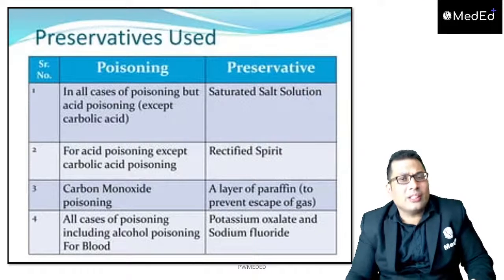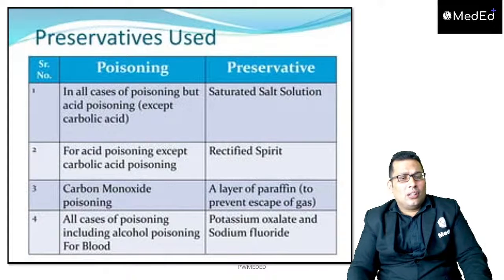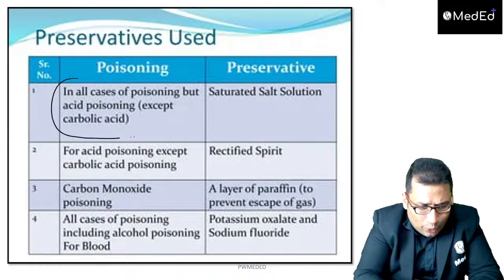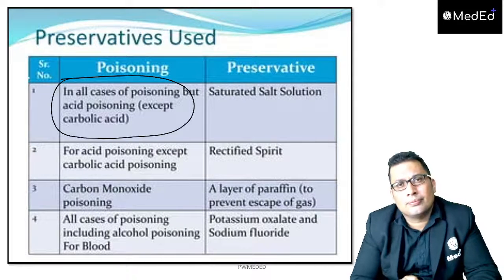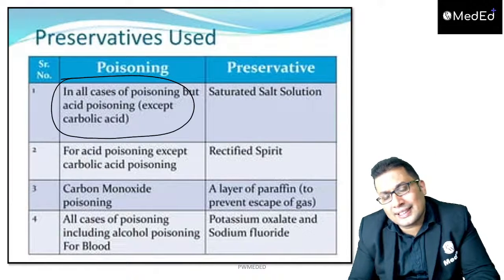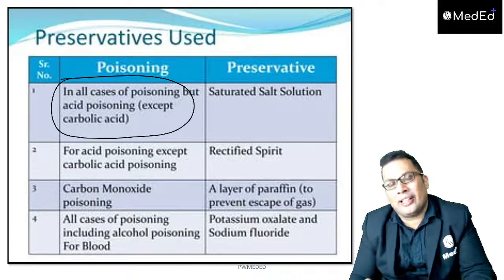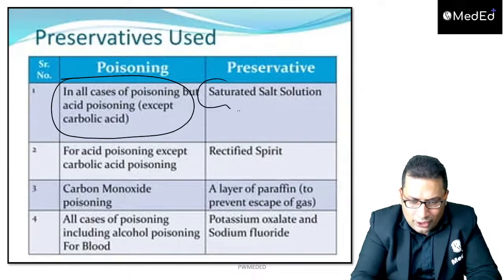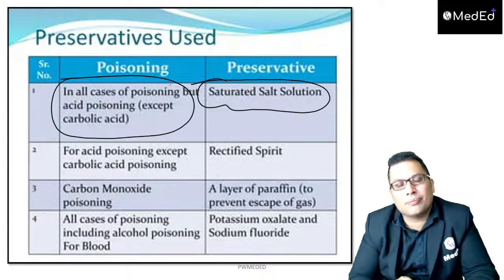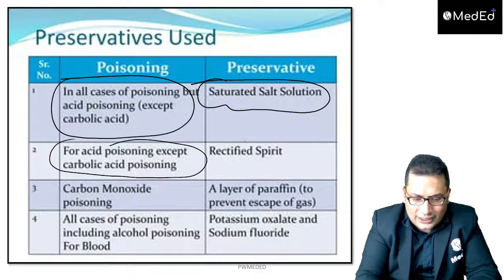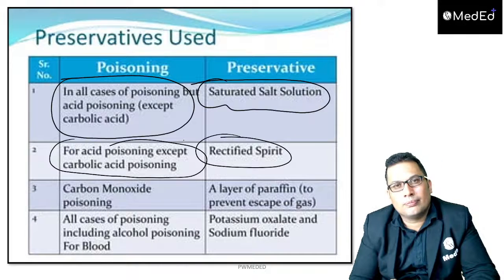So what you can see here are some MCQs. In all cases of poisoning except acid, but including carbolic acid poison, the preservative used is saturated salt solution. For acid poison, except carbolic acid, we use rectified spirit.